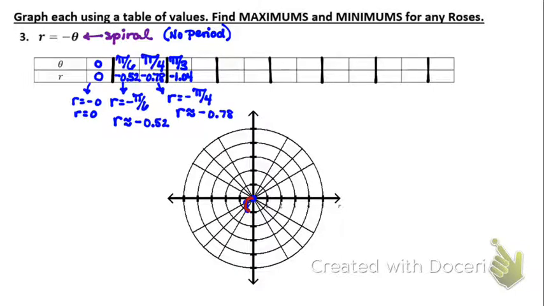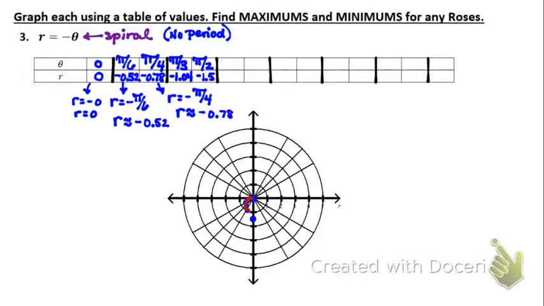What about pi over 2? How much? 1.5. Don't forget your negative. It's about negative 1.5. So now all of a sudden we're out here.